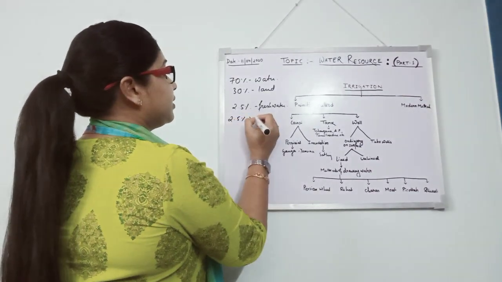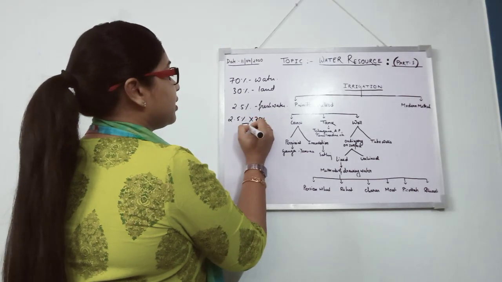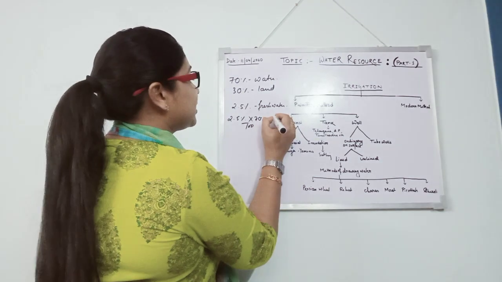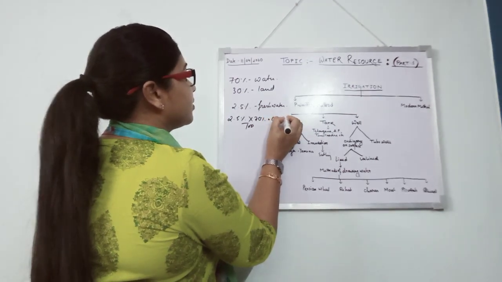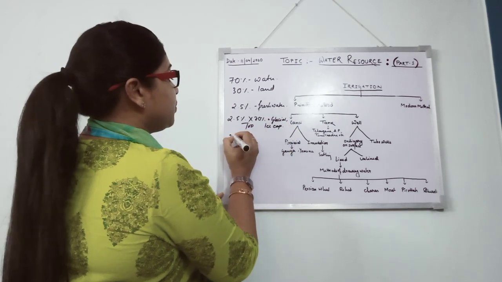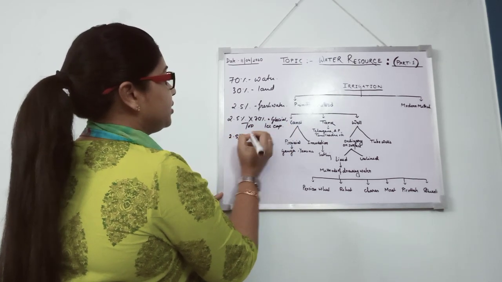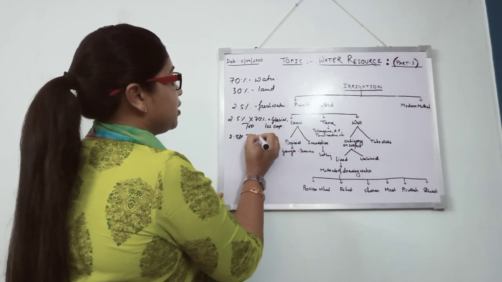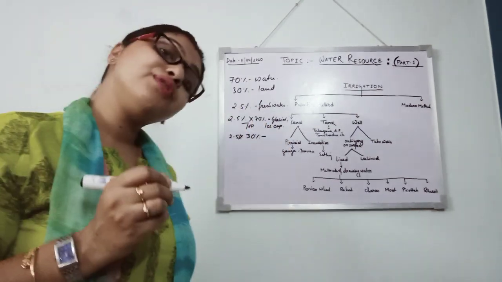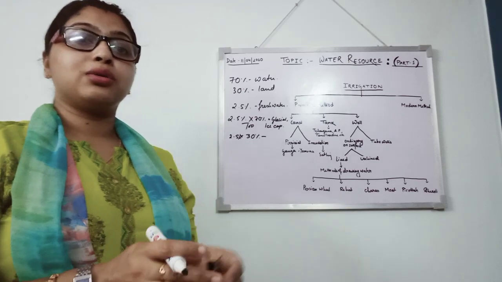of the 2.5%, 70% is present in the form of glaciers and ice caps, and the 30% which we can access is groundwater, river water and also lake water.